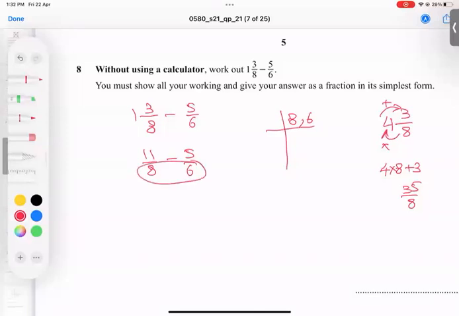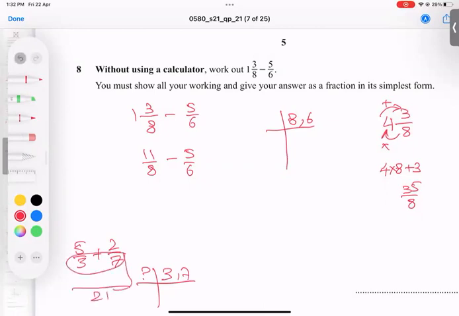Let's say the denominators are such, for example, 5 over 3 and 2 over 7. Can we divide 3 and 7 by a common number? The answer is no. When no, then 3 sevens are 21. The product is the LCM. Okay, and then 7 multiply and 3 multiply. But in this particular question, something is common; you can see that both are divisible by 2. So can I divide further?